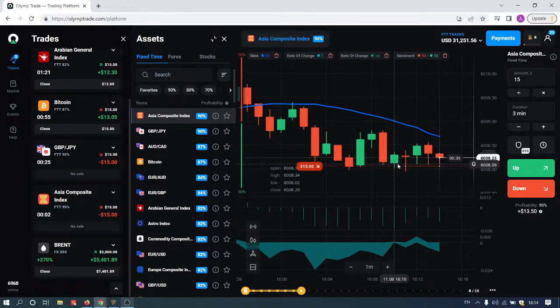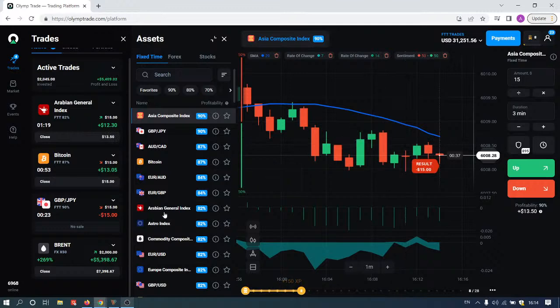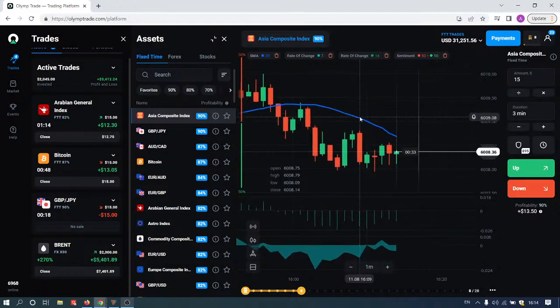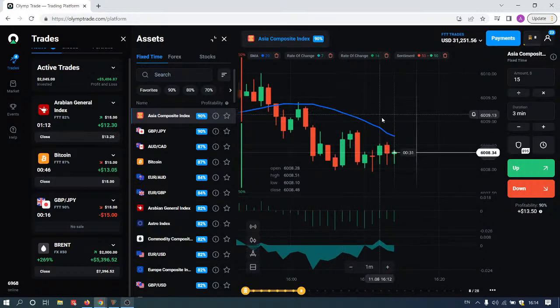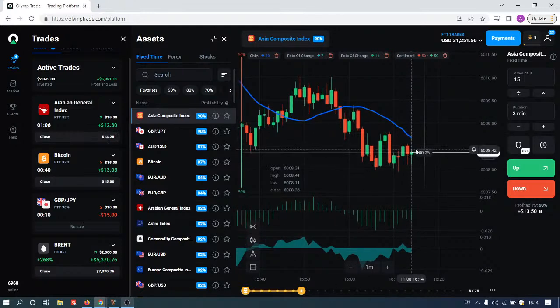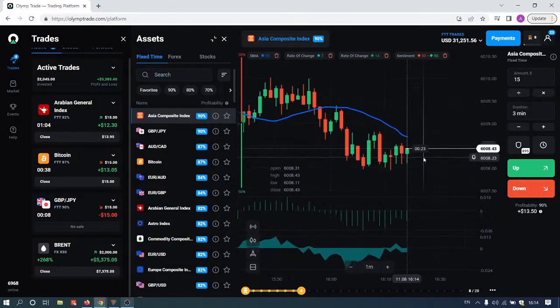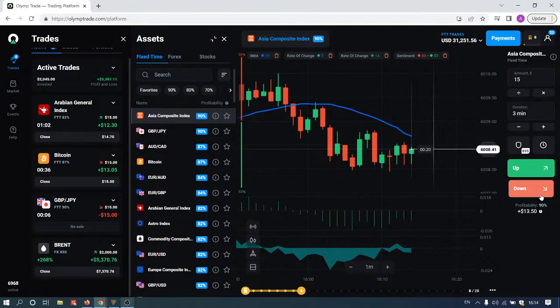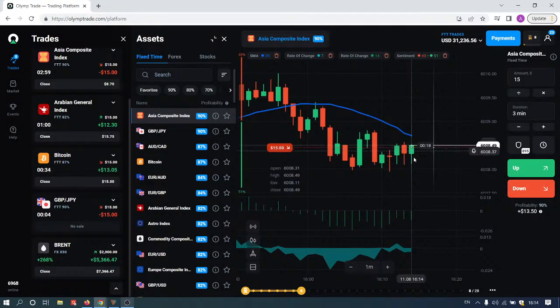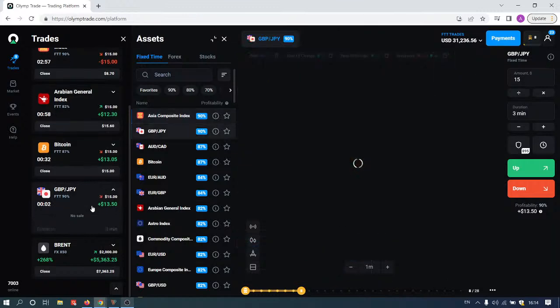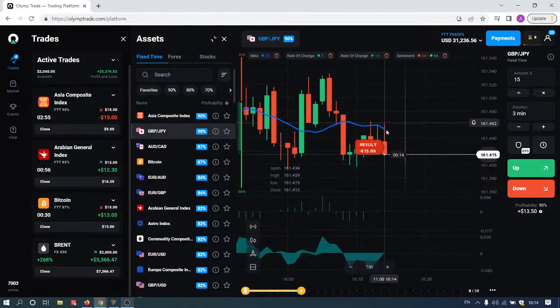So 3 seconds to go on this trade. Now, unfortunately, it doesn't close with a profit. It was close, but it didn't close with a profit. Now, what I want to do next is try again the same asset because the signal is still there. So I still want to go ahead and try.